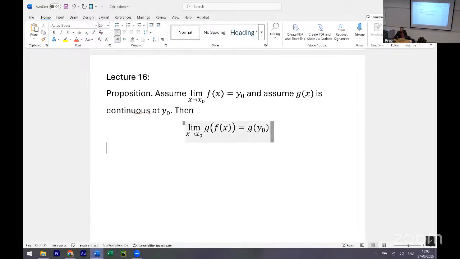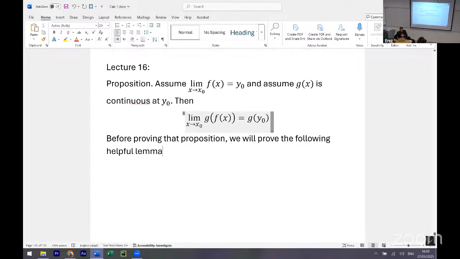Before proving that proposition, we will prove the following helpful lemma. And it's helpful not just for this proposition, but in general.